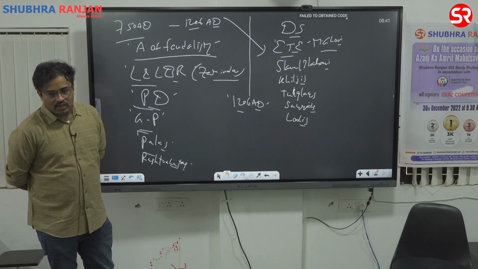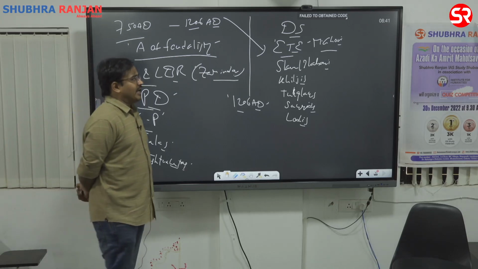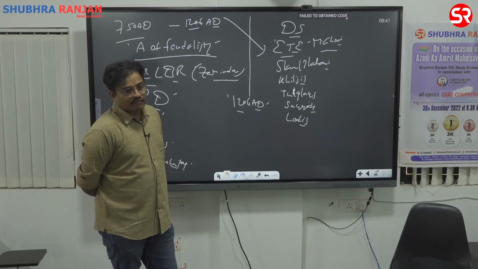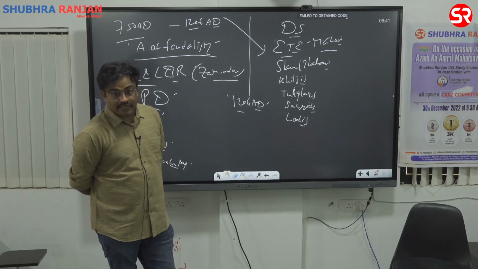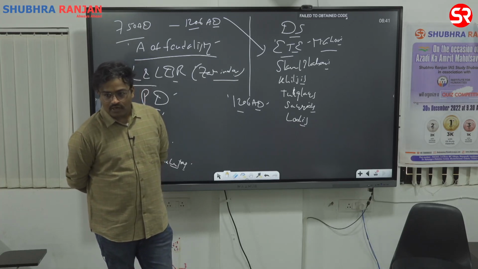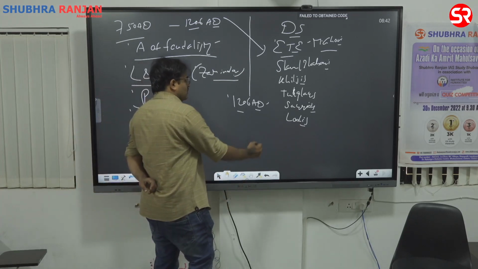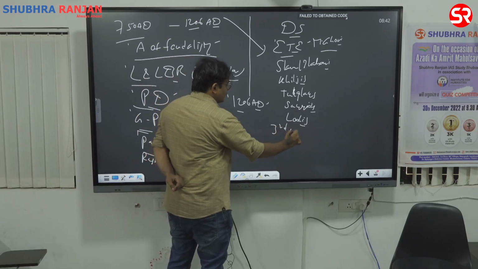This age is also known as the age of third urbanization.